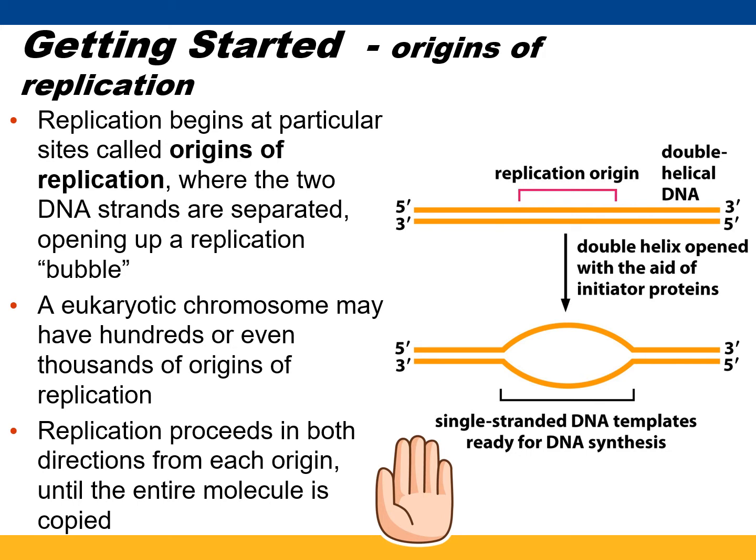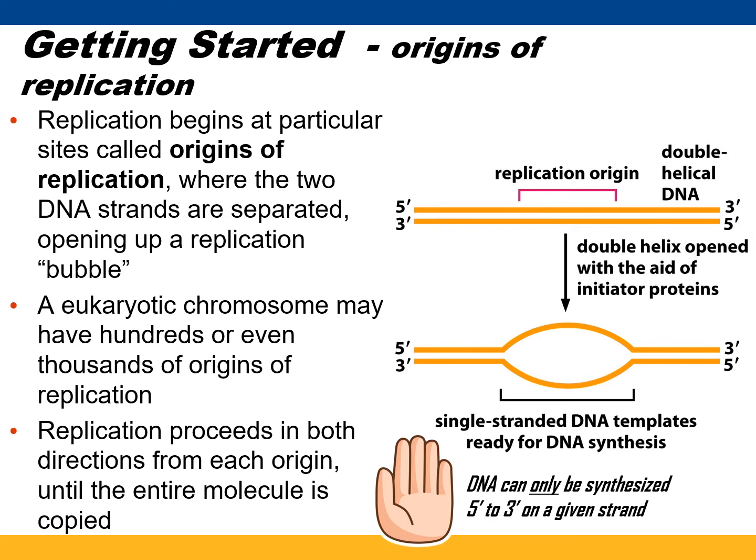Very important point. Very, very important point. No matter what direction we head, we can only synthesize a new strand 5' to 3'. That means that we have to read the DNA 3' to 5' because remember it's anti-parallel. 5' to 3' and then 5' to 3'.